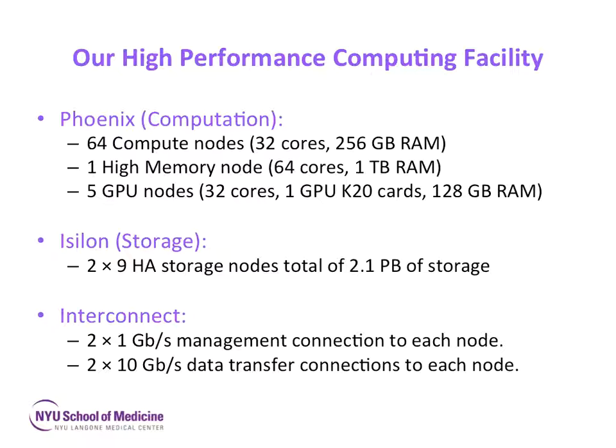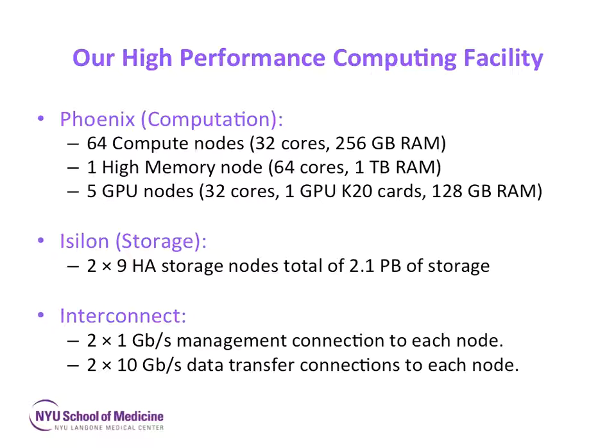Isilon storage, as you saw in the previous slide, is 2 times 9 high availability storage nodes with a total of 2.1 petabytes of data, which, since it's mirrored, is roughly 1.1 in each of them.